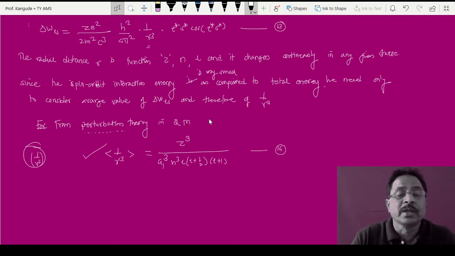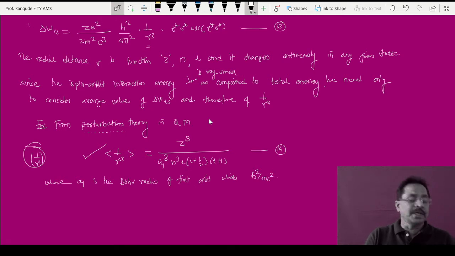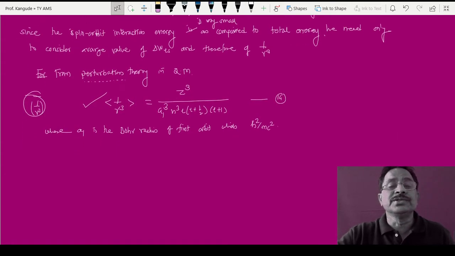Where a1 is the Bohr radius of the first orbit, and I know the expression for that, which is h cross square upon m e square. Therefore I can use a1 in the above equation 14 with h cross square upon m e square, in equation number 13.